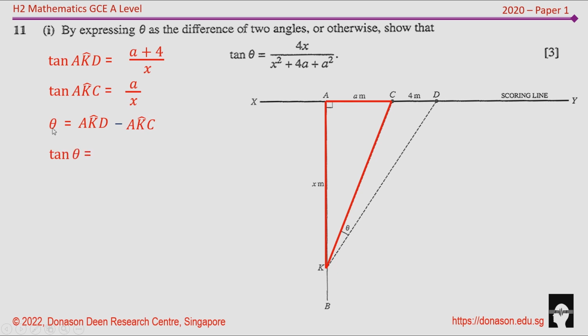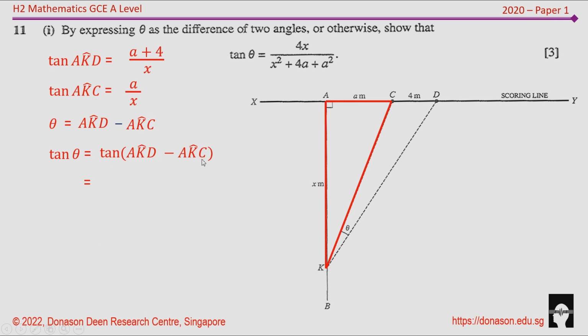So if I take the tangent of this angle theta, tan theta, if I take tangent to the left side of the expression, I must also take tangent to the right side of the expression. So tan of AKD minus the angle AKC.